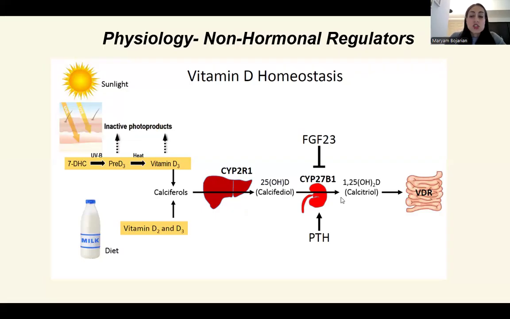It can also change the FGF23 signaling pathway as well. Medications like loop diuretics, thiazides, and bisphosphonates can change calcium balance in our body and also acid-base balance as well. We'll talk about the effect of acid in future slides.